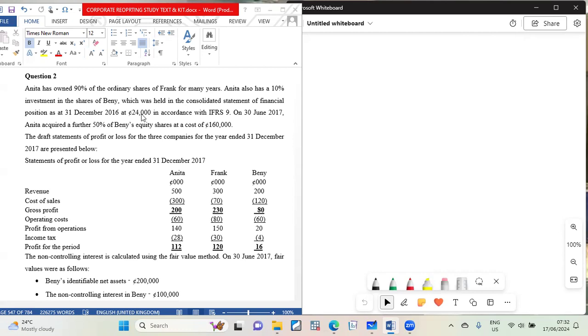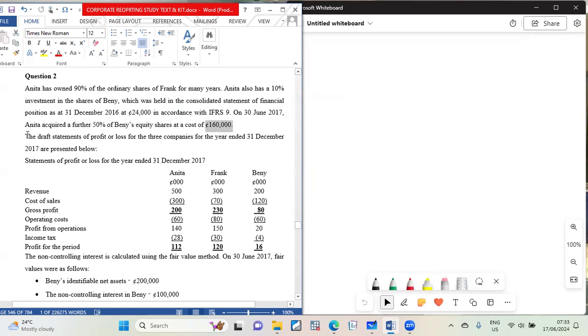So her 10% interest in Benny is 24,000 in accordance with IFRS 9, because it's less than 20%. Then in June 2017, Anita acquired a further 50%, so meaning that she would have 60%, right? All right. And this is the cost of the 50%.